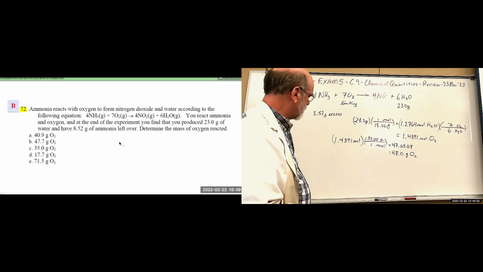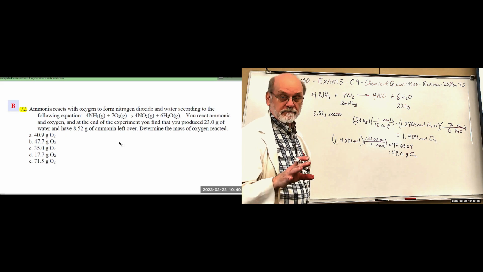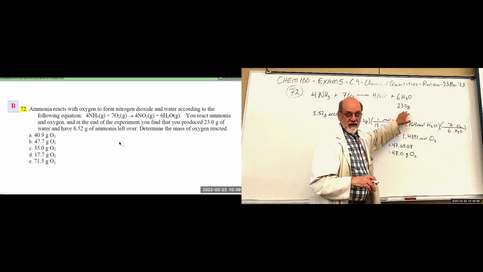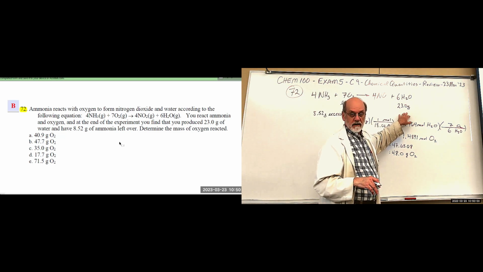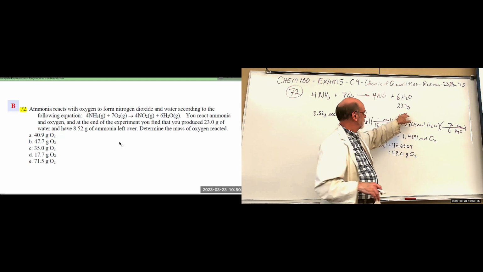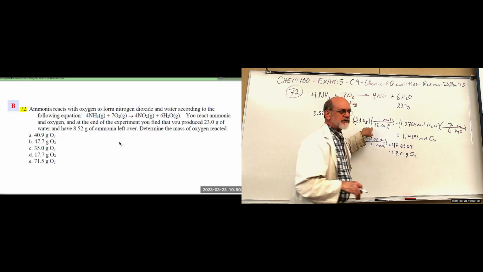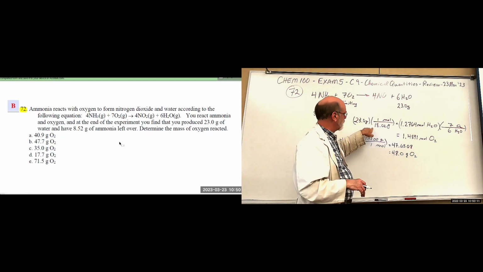All right, it says 47.7 grams of oxygen. Let me see if there's a rounding error in here. 23 grams here. Okay. 23 grams. Water. 16 plus 2.02. That's right.